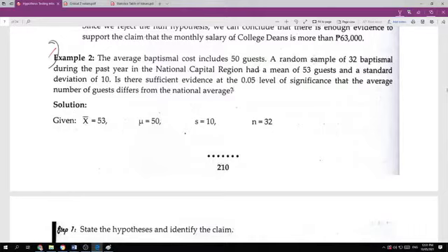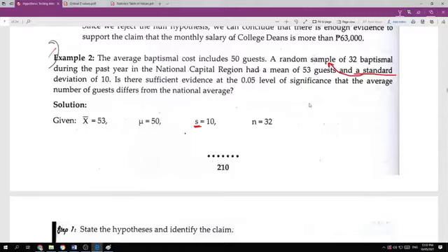Now, what is the standard deviation? Why am I using the letter S? Because the standard deviation pertains to the sample.